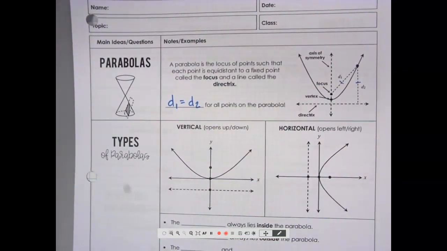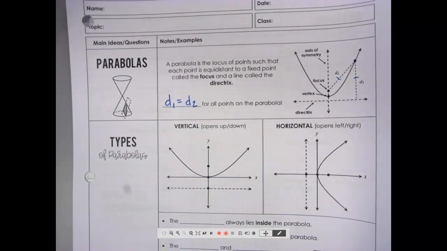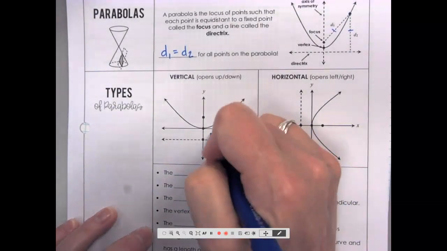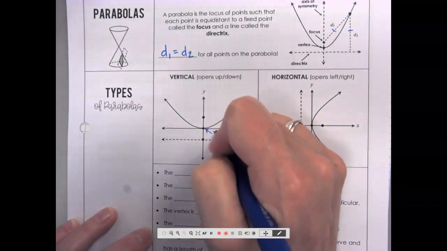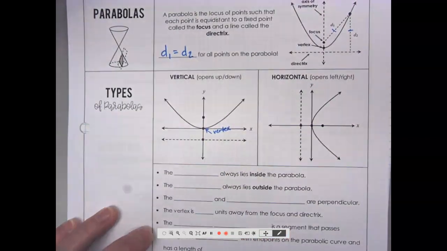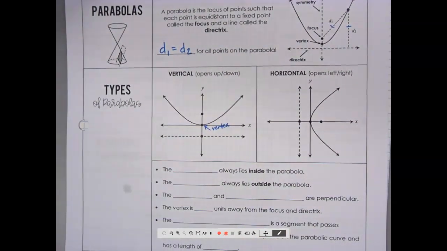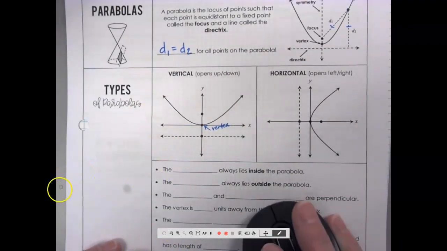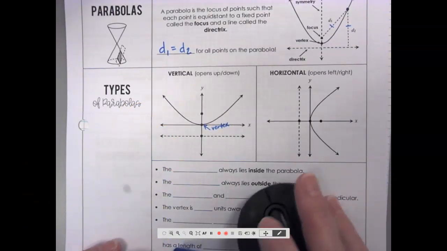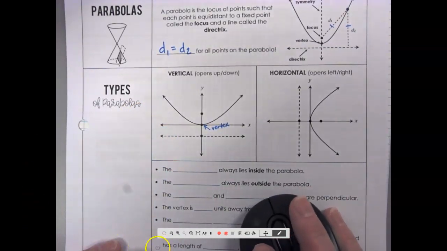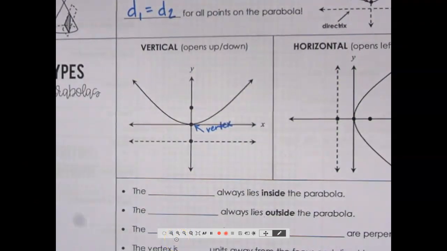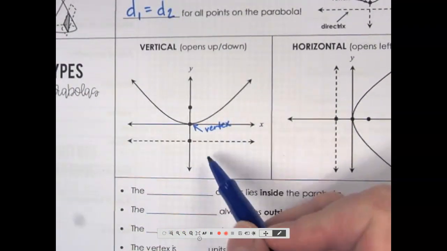All right, so let's label some things on this upward and then the rightward one. Okay, the vertex that you probably already know is located there. Let me make this a little bit larger. Okay, so that's our vertex.